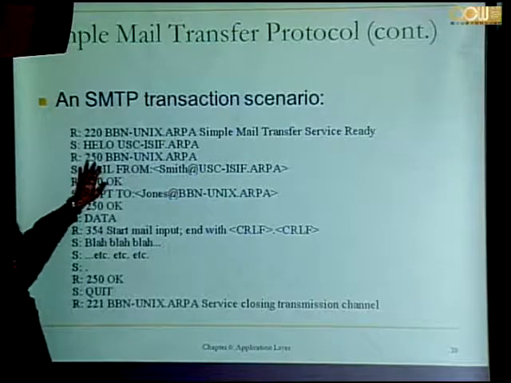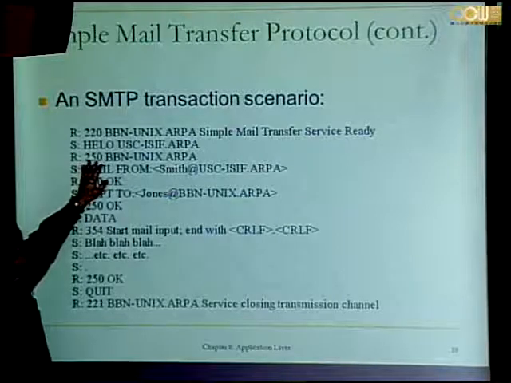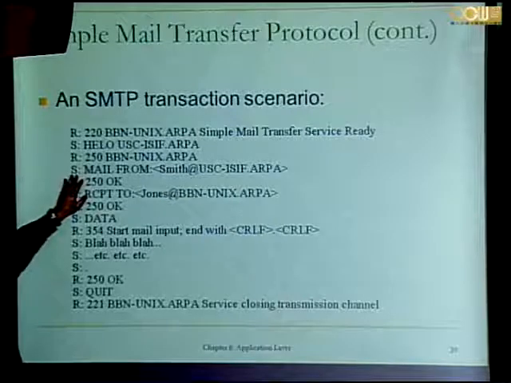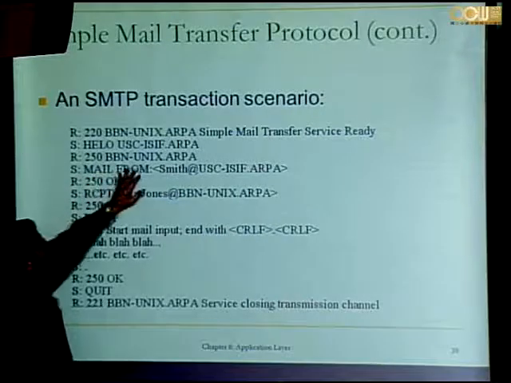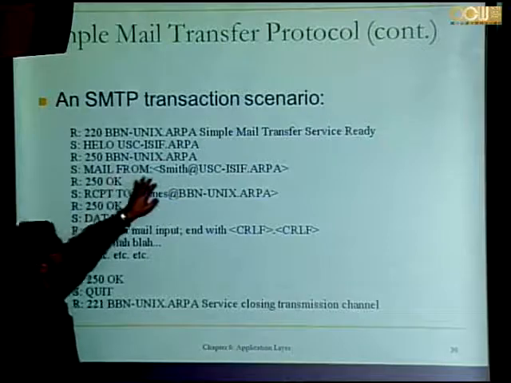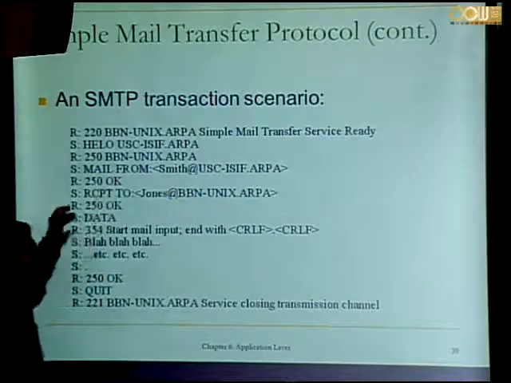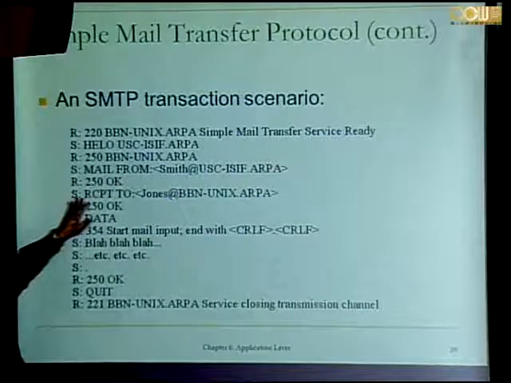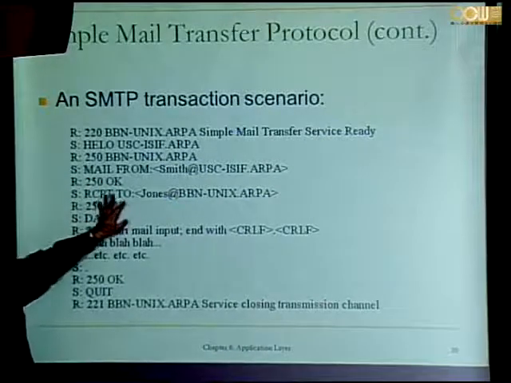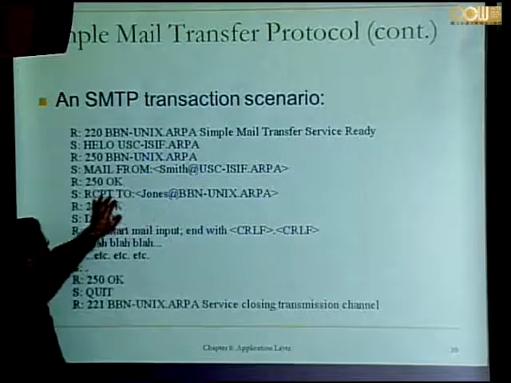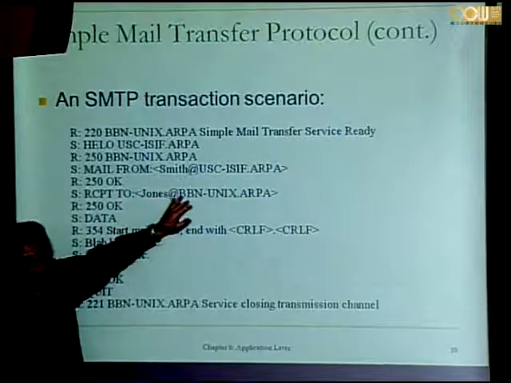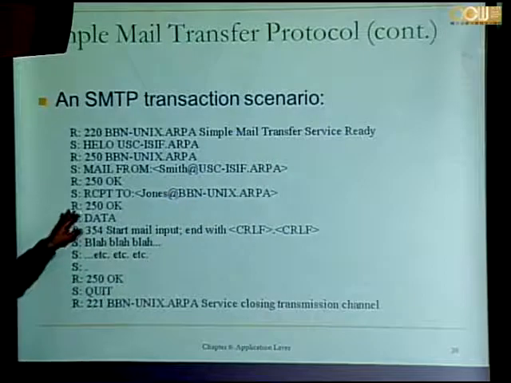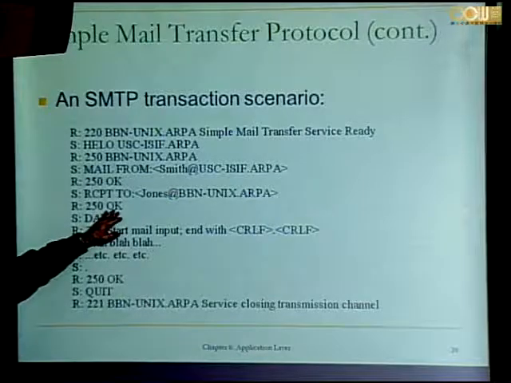So anything starting from 200 is okay, successful. And then the sender issues a MAIL FROM command to identify its mail address. So this is me, and it replies 250, okay. The sender will then issue another command, RCPT TO, this is the recipient, the user I'm going to mail, and then it replies 250, okay.